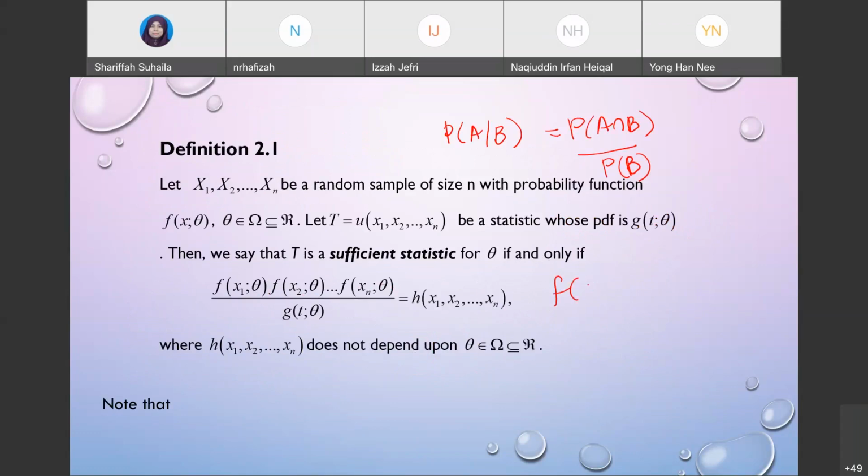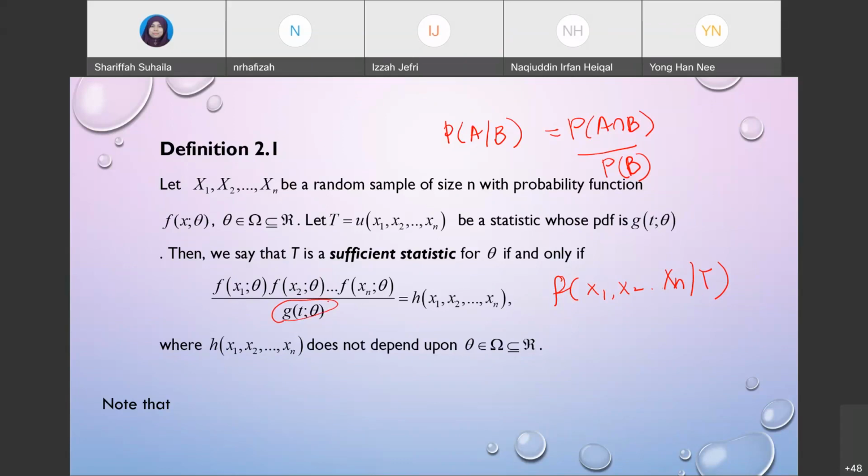So again, tadi X1, X2, Xn given T. So kalau kita open dia punya conditional probability, it becomes f(x1, theta), f(x2, theta), f(xn, theta) divided by probability of T, which is denoted as g(T, theta).